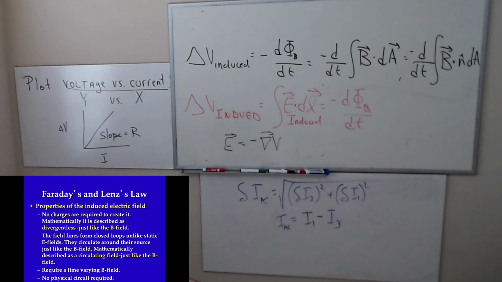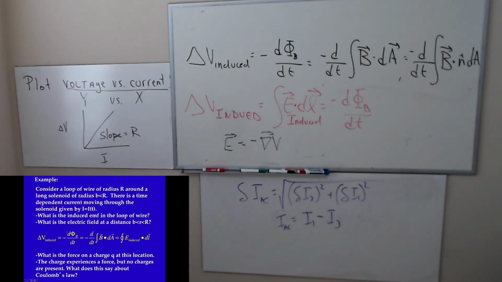On Monday I'm going to do the two problems I skipped, review what I said, and then talk about motional EMF, which relates to the question you asked, Morgan. It goes back and answers the question, why is there a minus sign there? The minus sign in this equation is important, and we're going to answer that next on Monday.